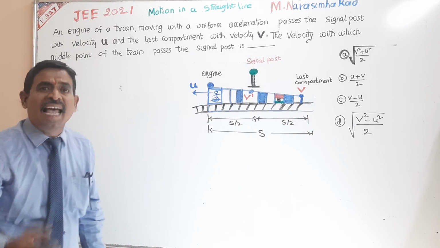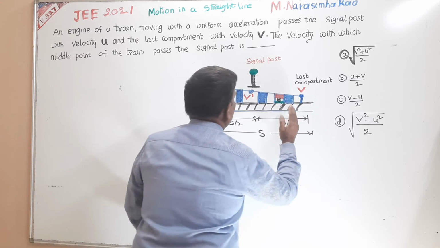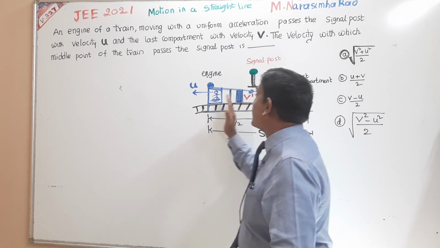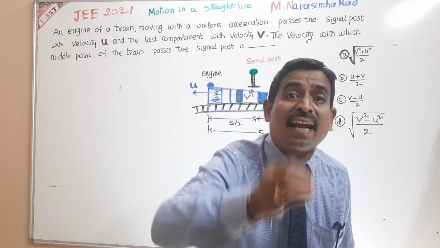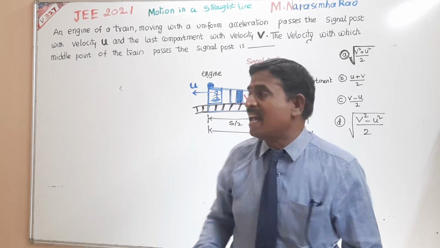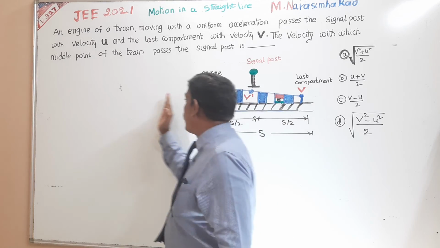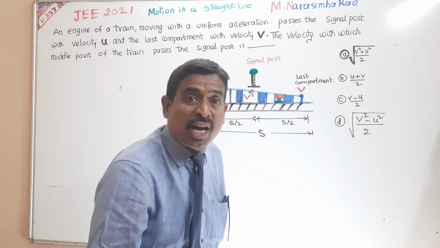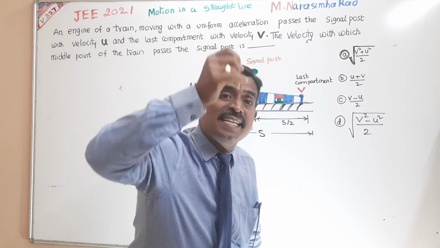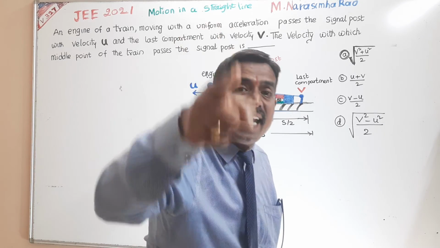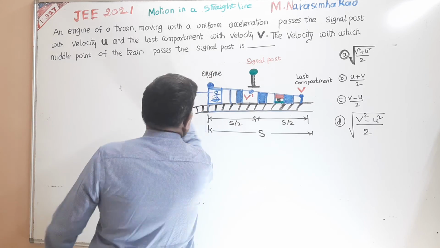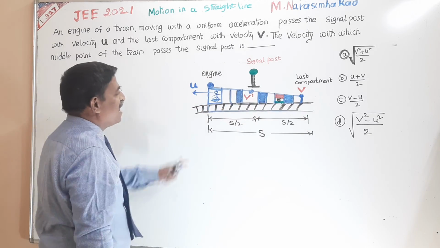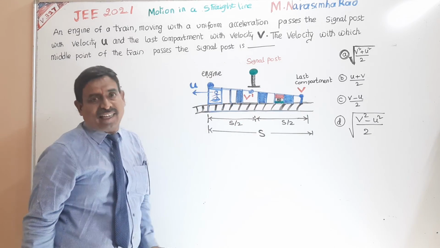Now, the train is moving with uniform acceleration. Velocity goes on increasing. Equal changes in velocities in equal intervals of time. This is the engine of the train.